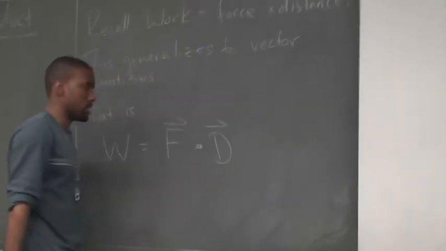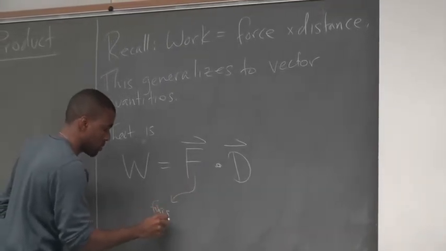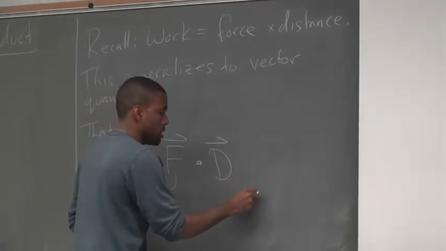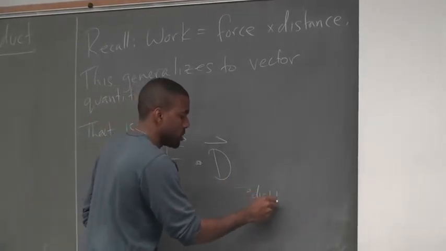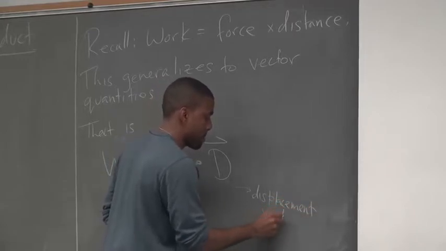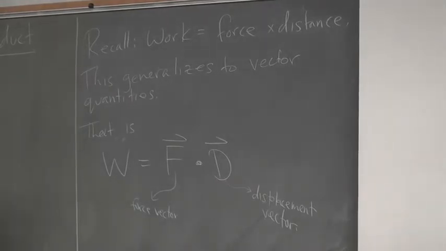Another use of the dot product is in physics. If your force is given by a vector, and your distance is given by some displacement vector, then you can find the work done by moving a point with this force along that vector.